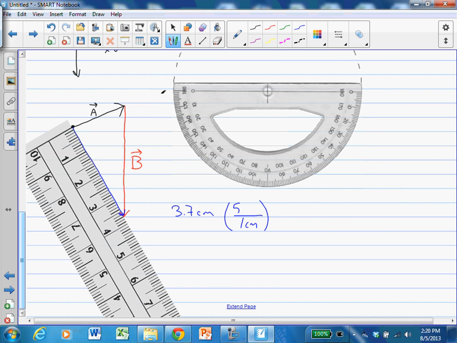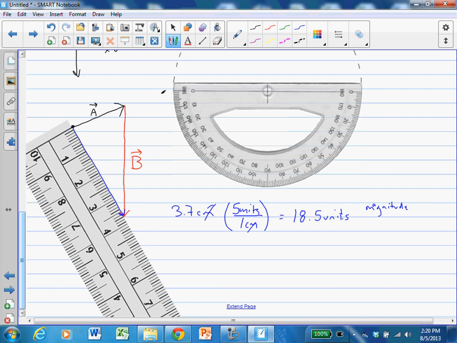So 3.7 centimeters is 18.5 units. So my resultant has a magnitude of 18.5 units. But what is its direction?